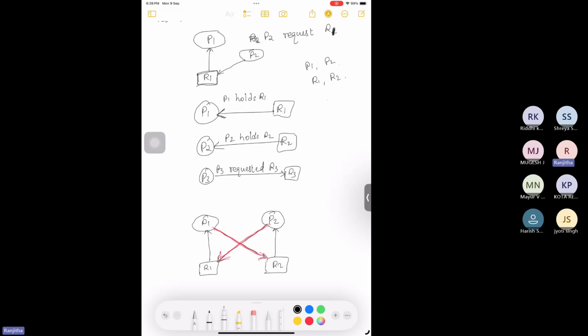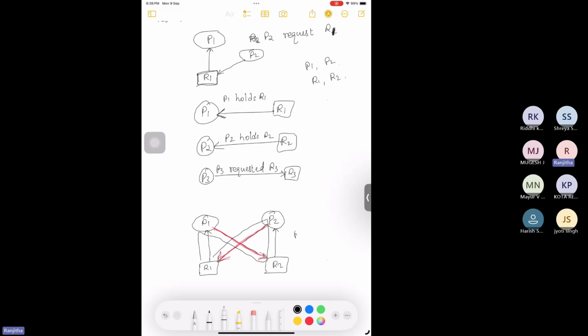And if you see here, in a resource allocation graph, you can see that there is a cycle formed here. So can you see a cycle? 1, 2, 3, 4. So it's a cycle, right? In a directed graph, if you traverse the edges, we get a cycle here.